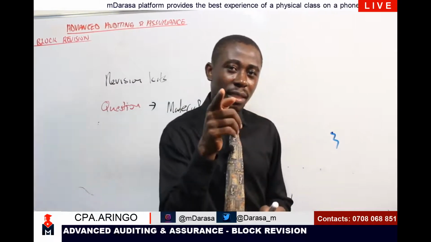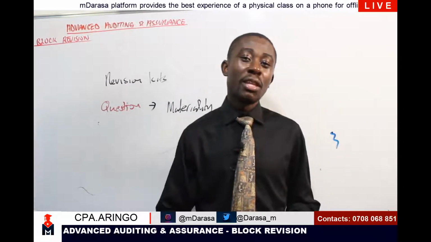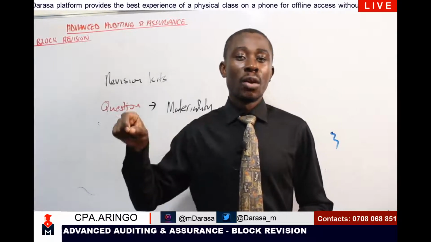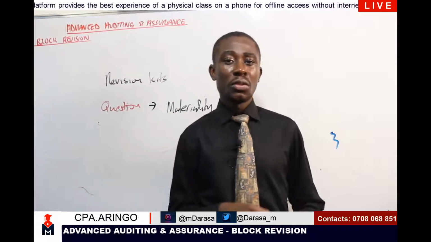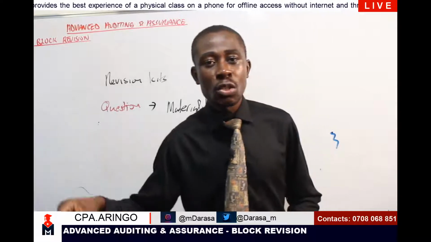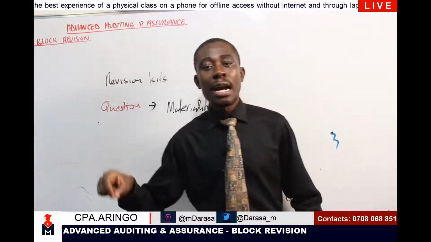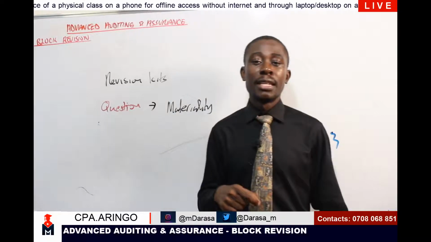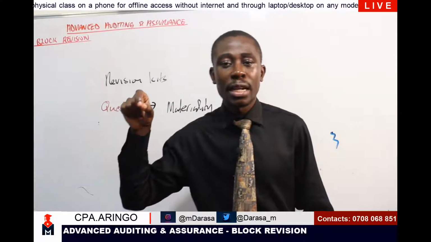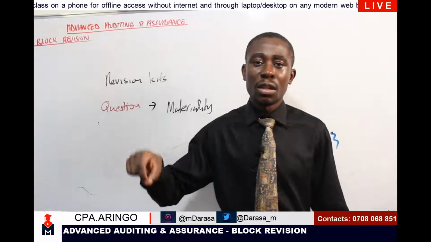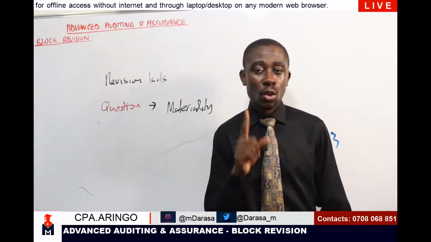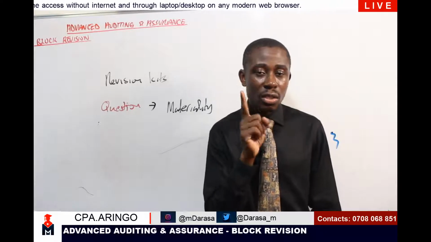So instead of you rushing to these solutions, by the way, these solutions are also suggested solutions. It's not that this is exactly what it is supposed to be. These solutions in your revision kits are suggested solutions, meaning that it's not like whatever they have given you there is the same thing that you must have. No, these are suggested solutions.